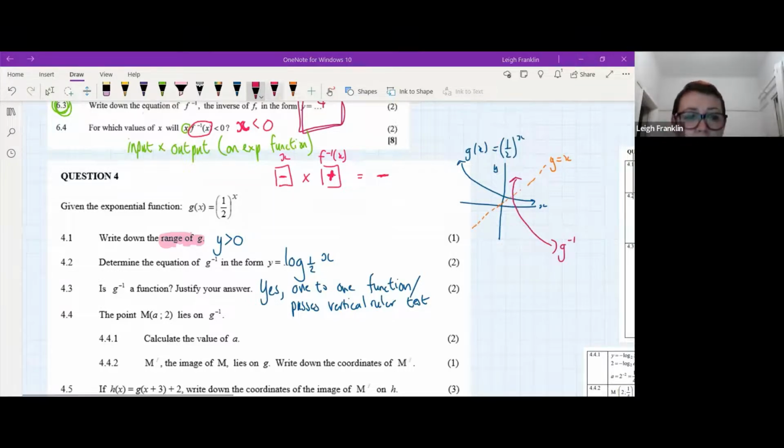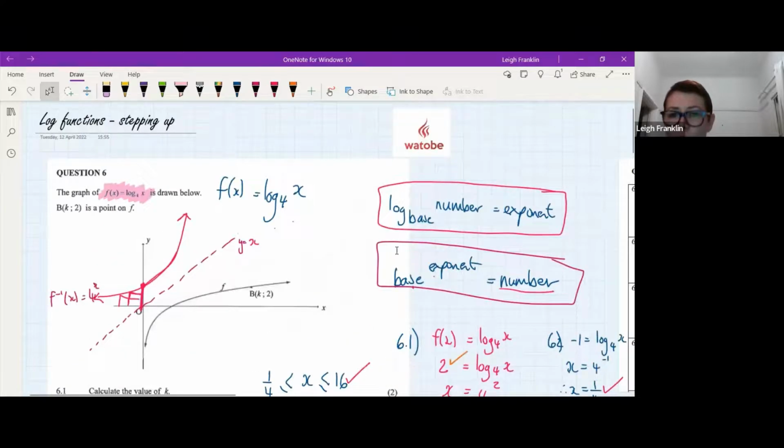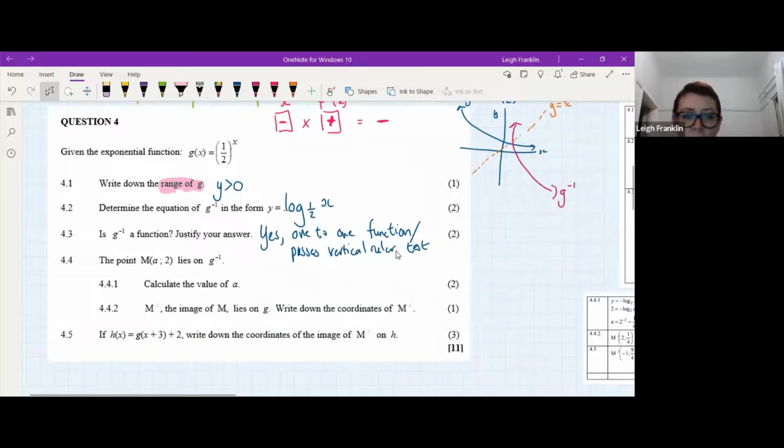So if we now want to work out what a, the input, is, can you see we're using that same thing that we were doing up here? In other words, what we've got is log base a equal to a number. In this case, the number is 2. So we now need to solve for our input, a. So a equals base.